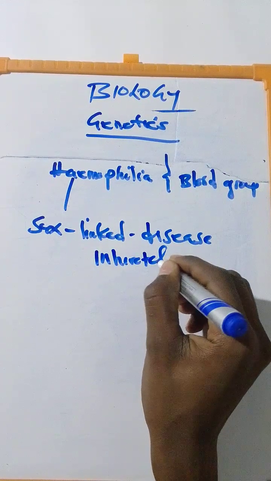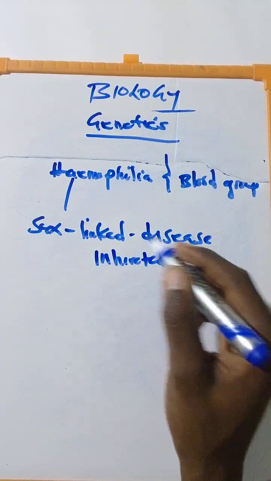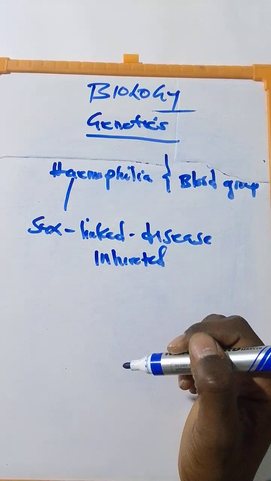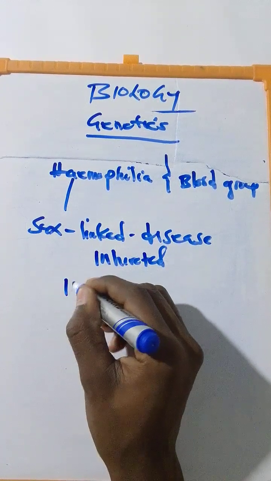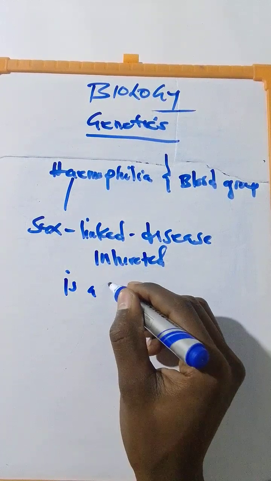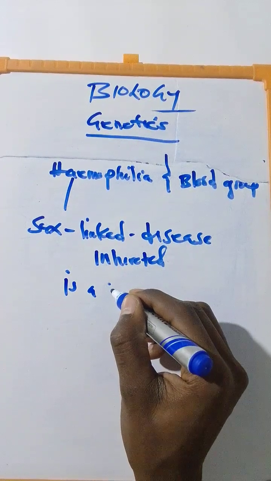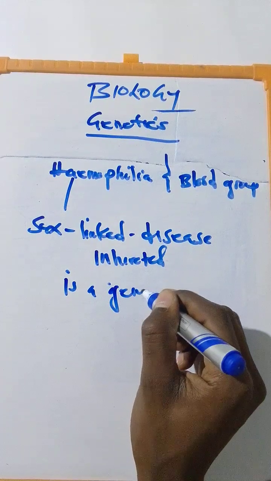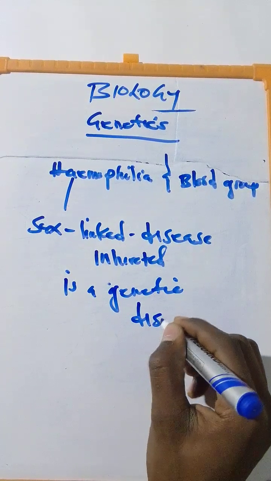It is inherited from the parents. Then the same hemophilia, we need to understand that hemophilia is a genetic blood disorder. So since it is genetic, then it is a blood disorder.